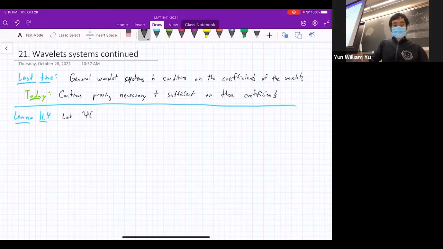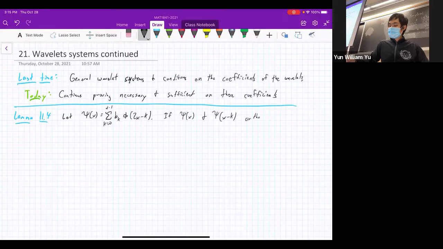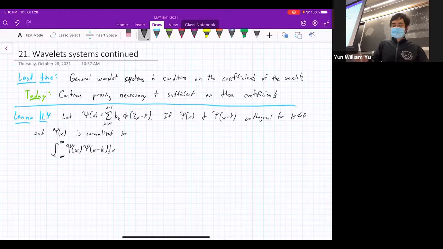If we let psi of x be equal to the sum from k equals 0 to d minus 1 of bk times our scale function phi of 2x minus k, and if psi of x and psi of x minus k are orthogonal for k not equal to 0, and psi is normalized, so that the inner product of psi of x with psi of x minus k dx is equal to delta of k.